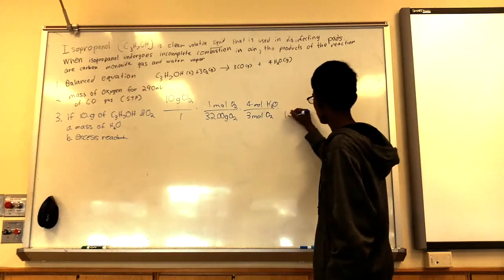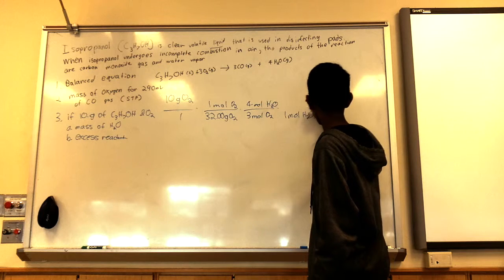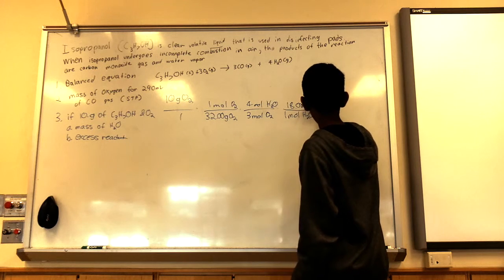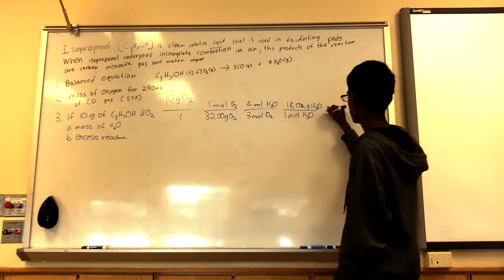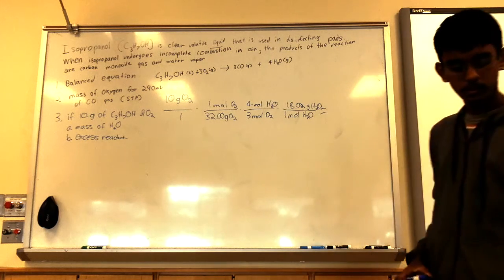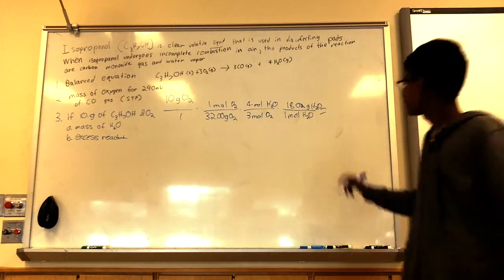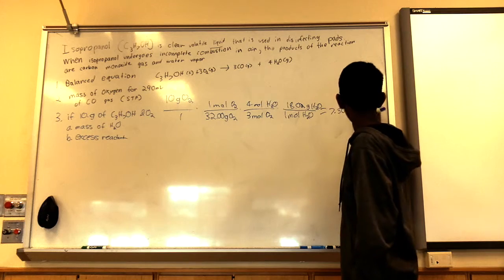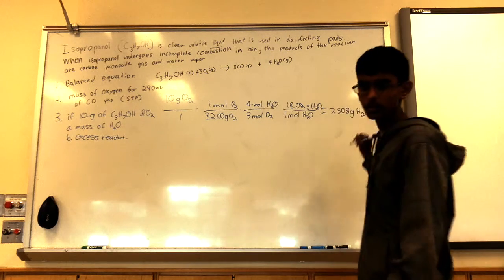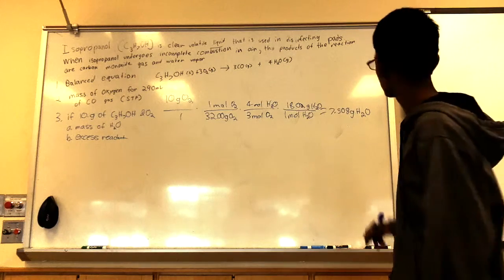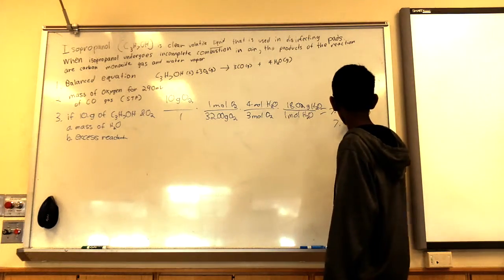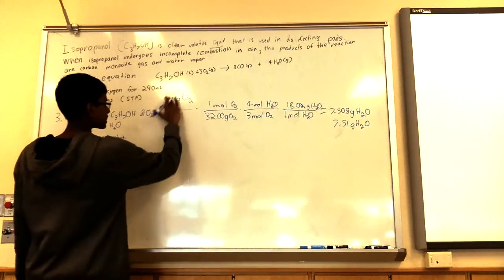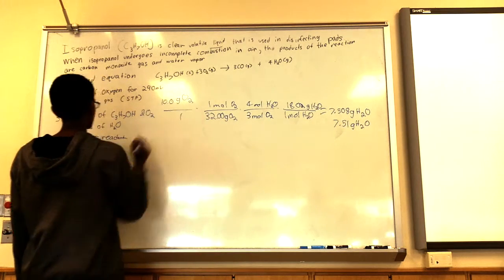So 1 mole of H2O has a molar mass of 18.02 grams per mole. So all that comes out to be 7.508 grams of H2O. But then we need to take into account sig figs, so that's actually 7.51 grams of H2O. And I apologize, this is supposed to be 10.0.